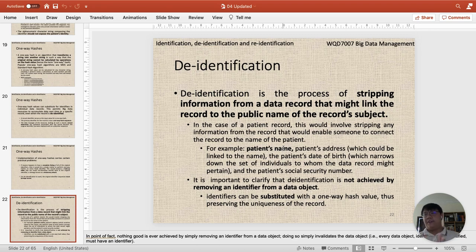That's why one-way hashes were discussed a bit earlier, so that they can bridge the connection between identification and de-identification. Okay, so over here there are examples where you can combine names, address, date of birth, and social security number, and then generate one so-called unique identifier from there.